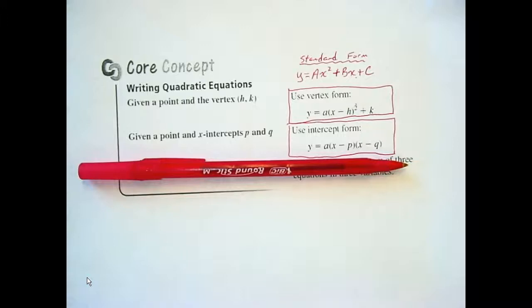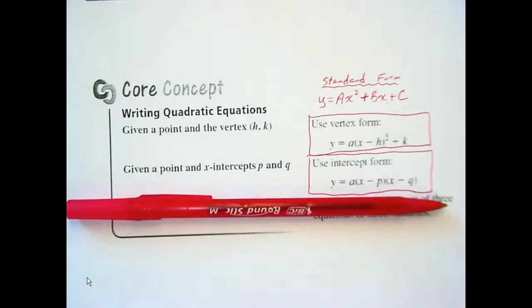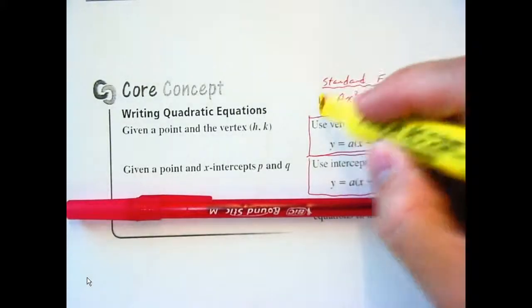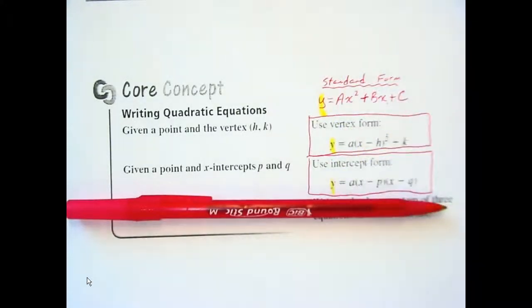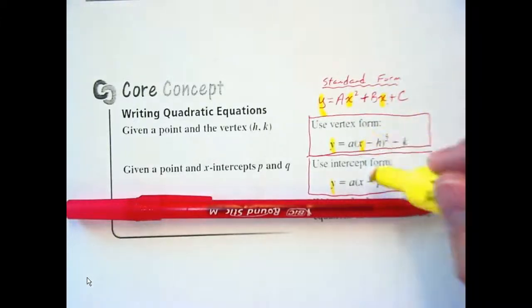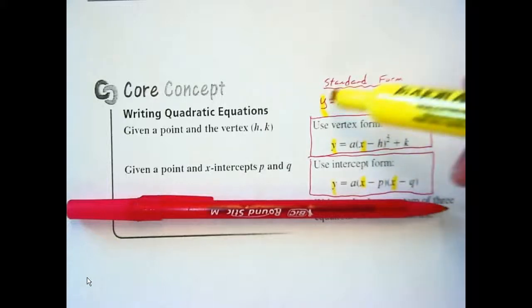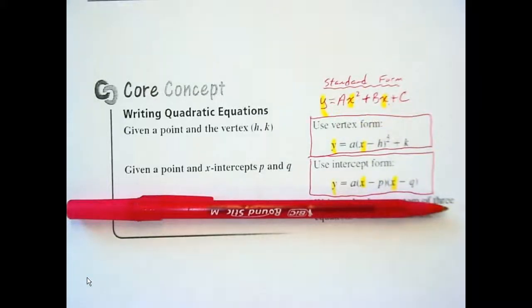Before we dive into that too much further, notice that all of these forms have a y equals, and they each have the value x. They do all have a's. Okay, what's important to note on each of them is that when you're done writing an equation, given a picture of some sort, whenever you write a quadratic equation, you must have at least the y and the x squared.